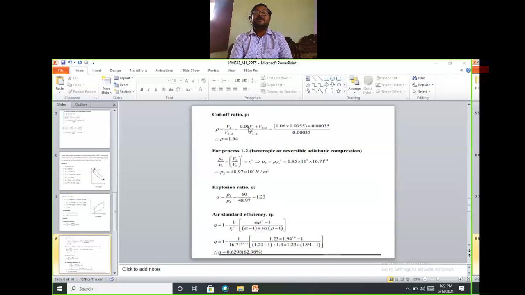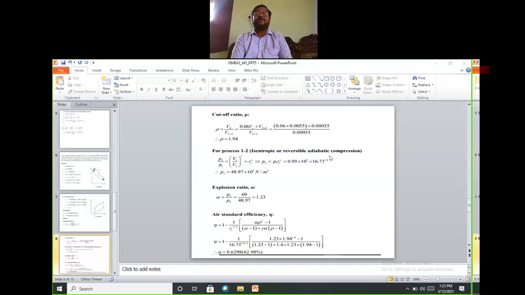V4 is 0.006 Vs plus V3, and V3 is nothing but the clearance volume. So 0.006 into 0.005 plus 0.0035, divided by 0.0035. You will get the cutoff ratio rho, that is nothing but 1.94.